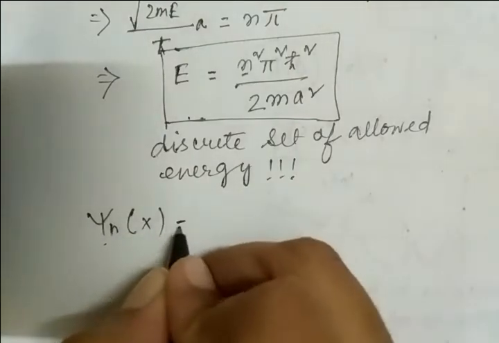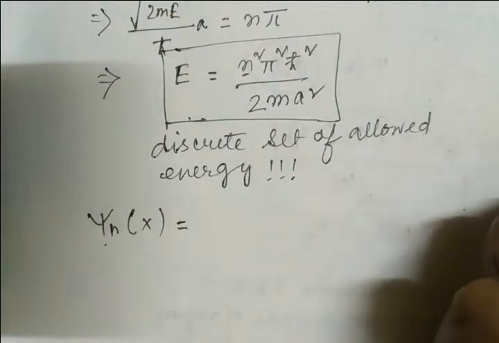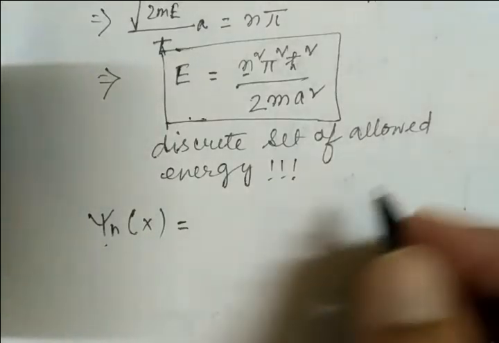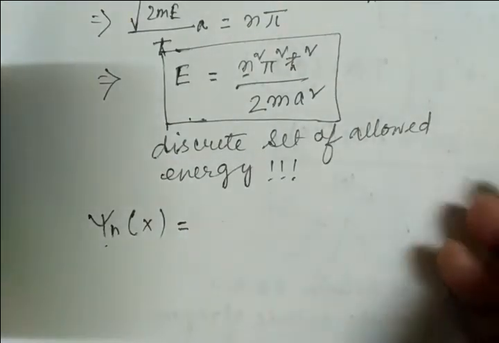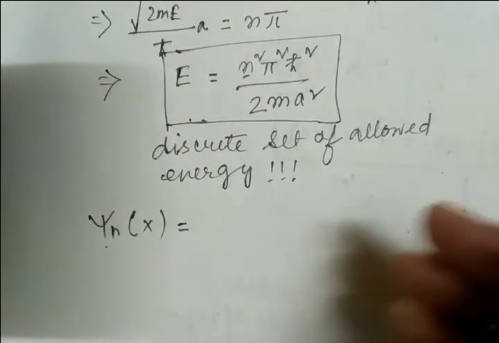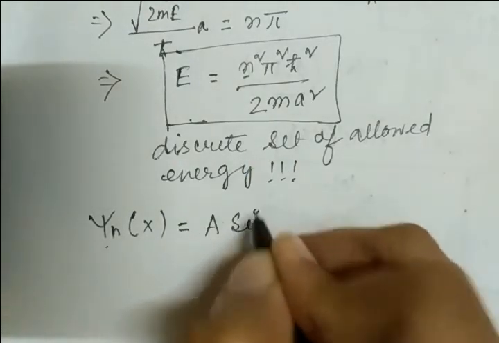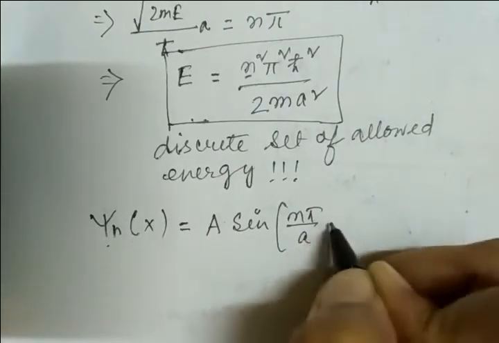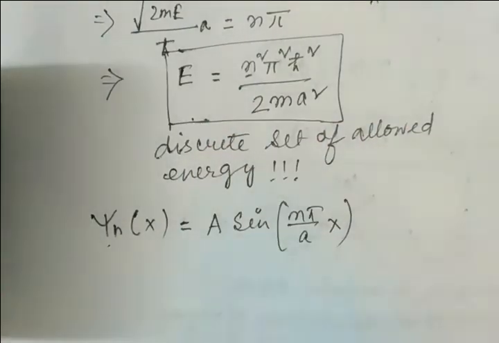And what is that? This is nothing but a sine Kx. Okay, a sine, just put the value of k. K is nothing but n pi by a. So a sine kx plus b cos kx, because we are not considering the cos term, so it is only a sine kx, and with the value of k, n pi by a, that we have already obtained, so a sine of n pi by a into x. Okay, so this is the solution of your wave equation.